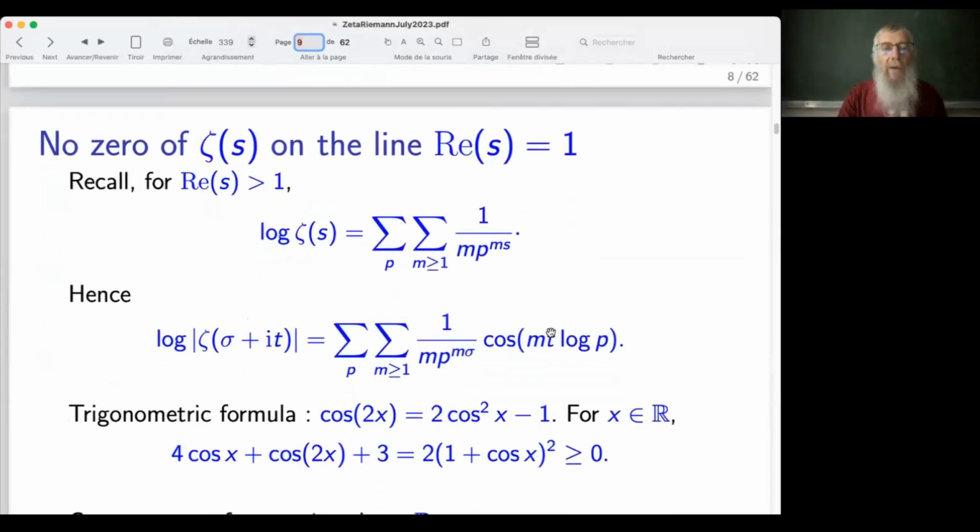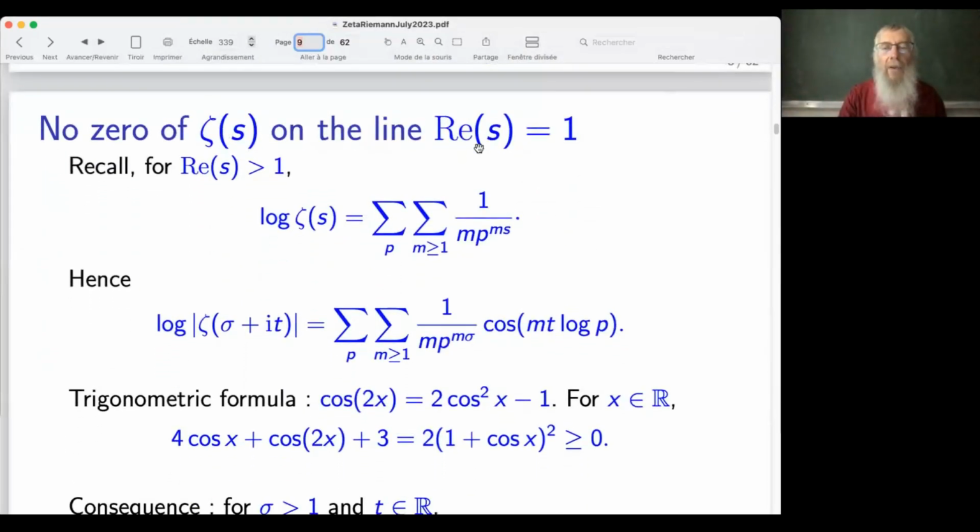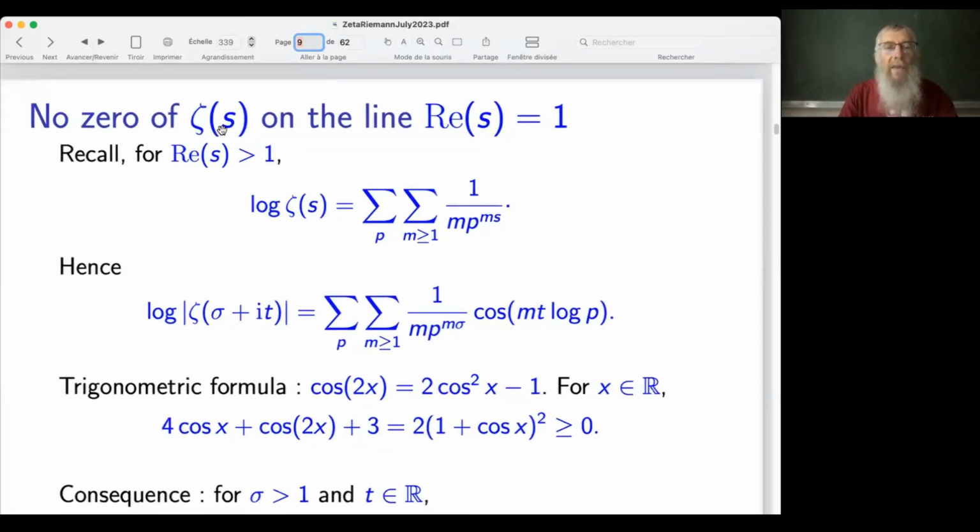We know that the function zeta of s is defined on the line real part of s equal to 1 with s different from 1. For s equal 1, it is a pole. And the result which I would like to prove is that there is no zero of this function on this line, real part of s equal 1.